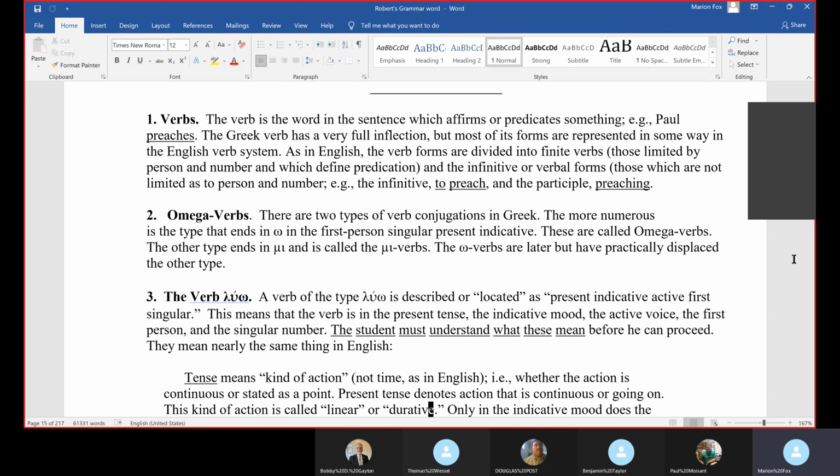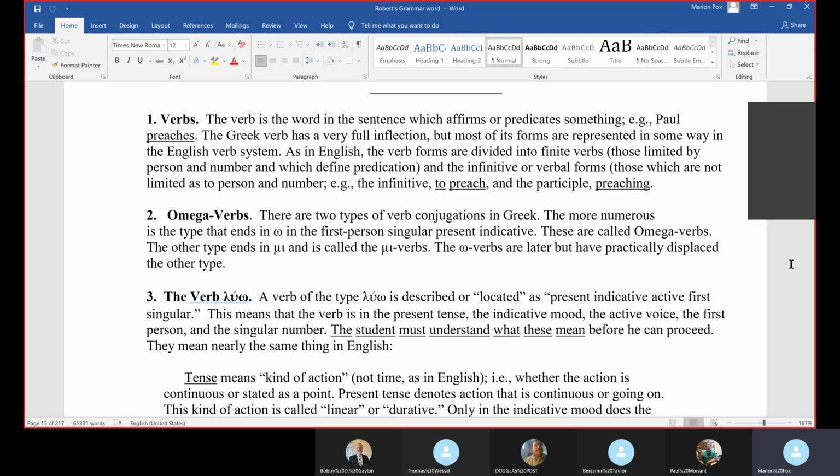There's some difference. As in English, the verb forms are divided into finite verbs, those limited by person and number, which define predication. And the infinitive and verbal forms, those which are not limited to a person or number, the infinitive, to preach, and the participle, preaching.